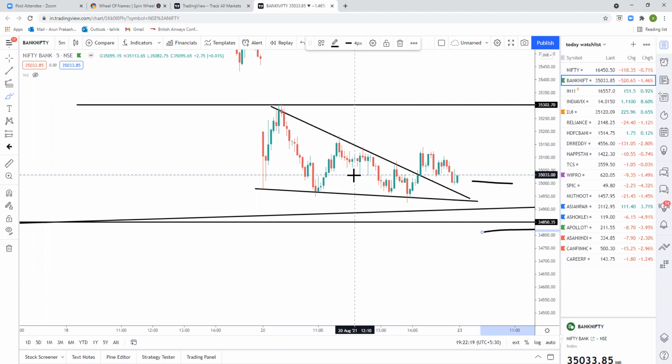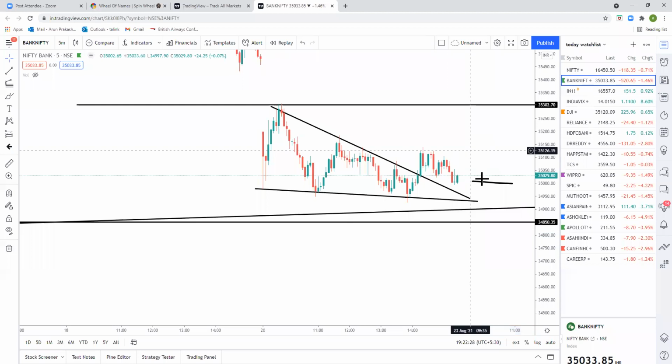And if you really want to become consistent here, start trading with smaller quantities. Don't straight away go ahead and take 10 lots, 15 lots in options. Do it with 1 lot, do it with 2 lots. What I am trying to say is I am not even getting comfortable with 1 lot.